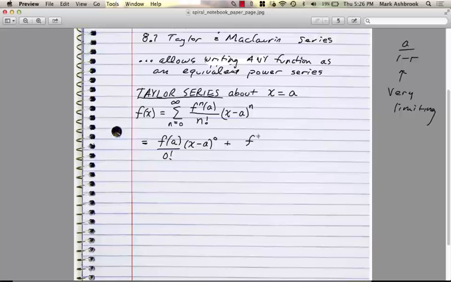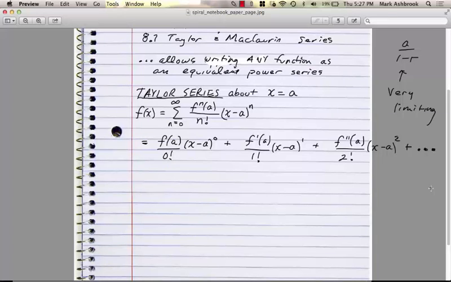So it's the first, n equals 1, first derivative at a, over 1 factorial, x minus a to the 1. Second derivative, over 2 factorial, and on and on and on.